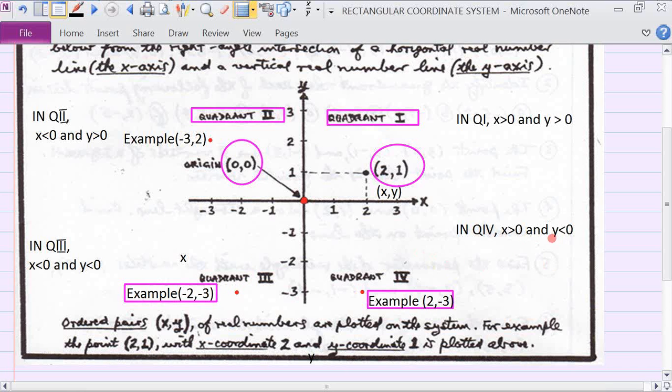Finally, if the x is positive and the y is negative, then it lies in quadrant 4. Here you see 2 is a number greater than 0 and -3 is a negative number.